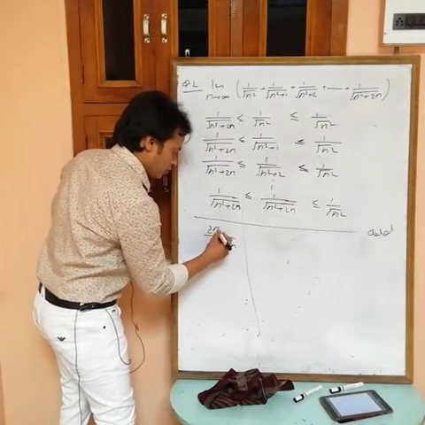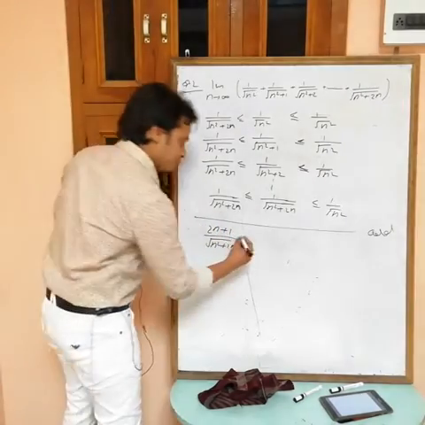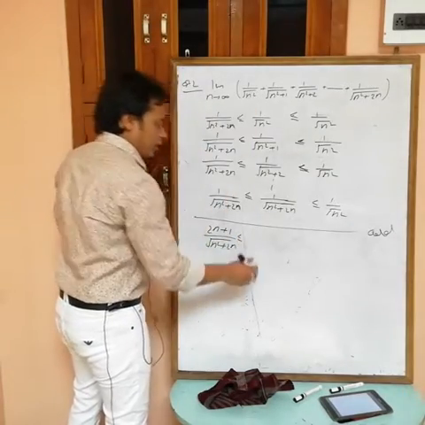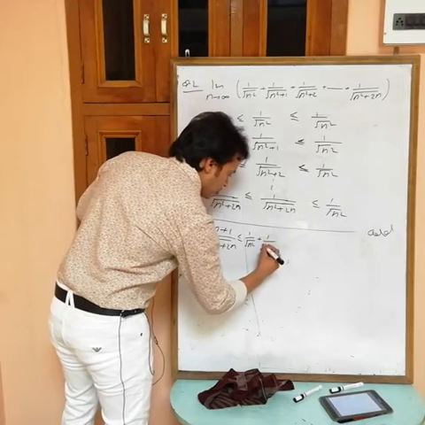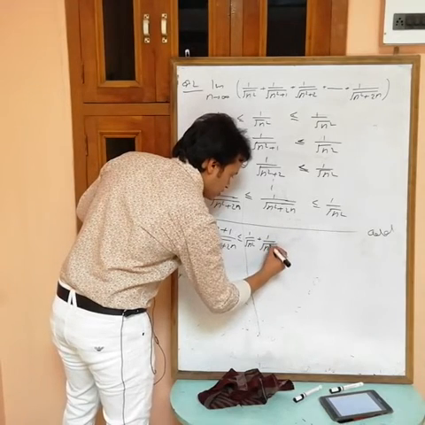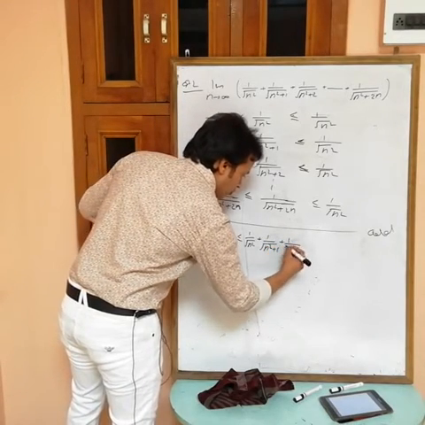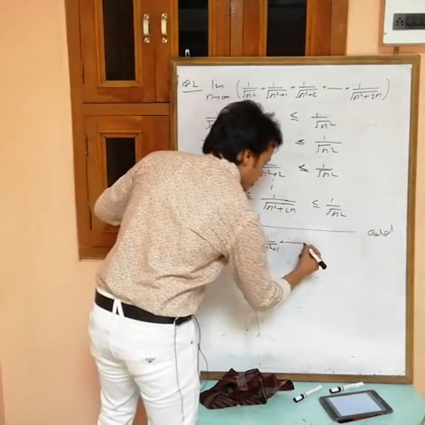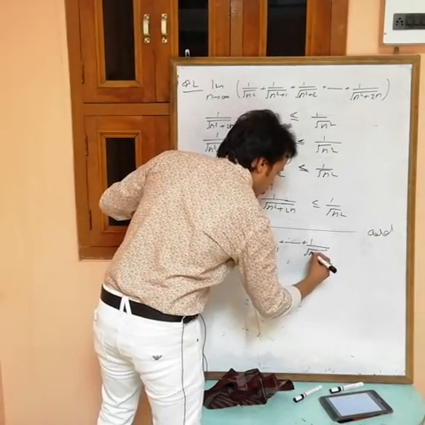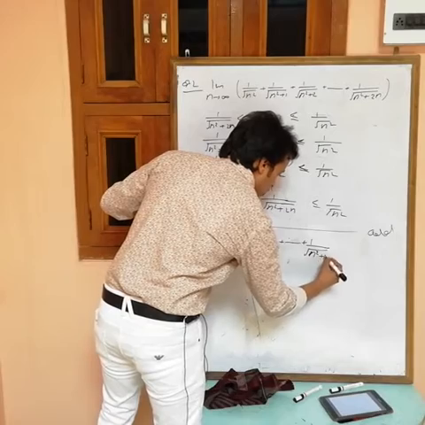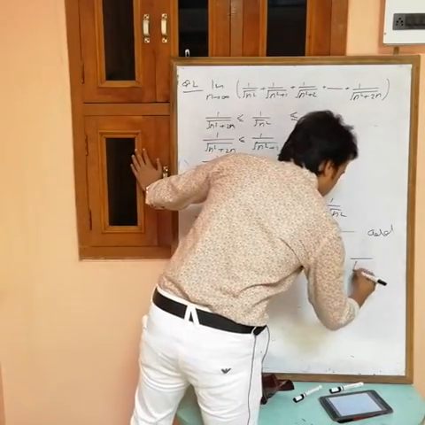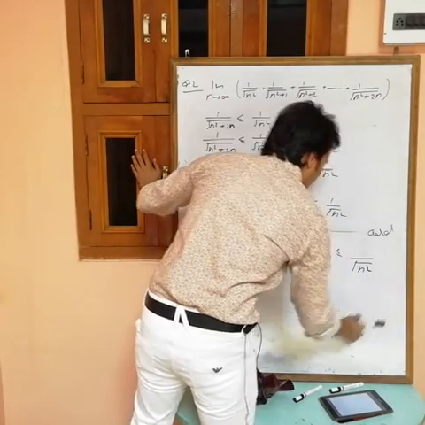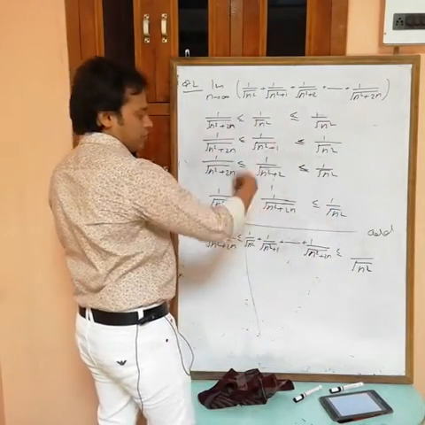We are adding 2n plus 1 times. If you add these on the other side, 1 by root over n square, 1 by root over n square plus 1, 1 by root over n square plus 2, at the end 1 by root over n square plus 2n. Here also the LCM is the same, root n square. How many times are we adding? Same, 2n plus 1 times.